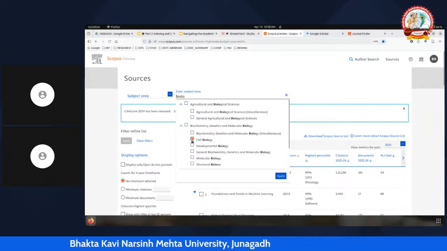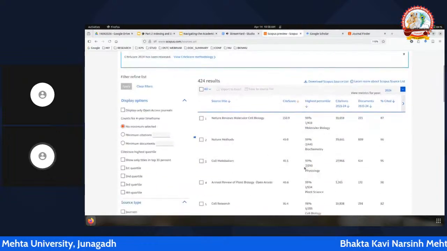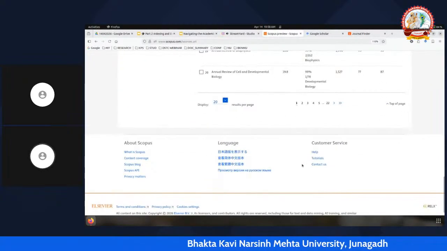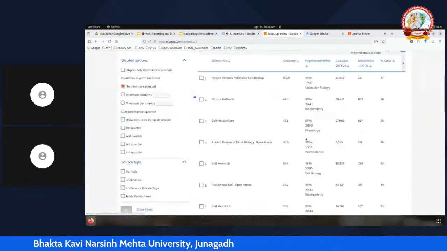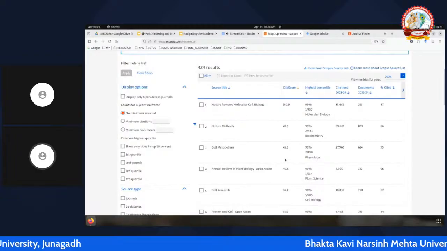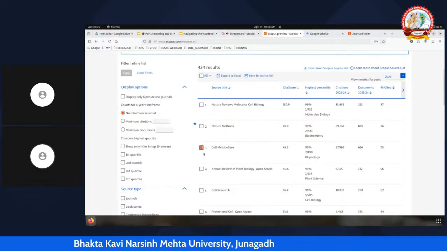So click over here and apply. It will give me a list of journals in which we can identify the journals related to cell biology. Among these, you can select any one of them. I am selecting Cell Metabolism.